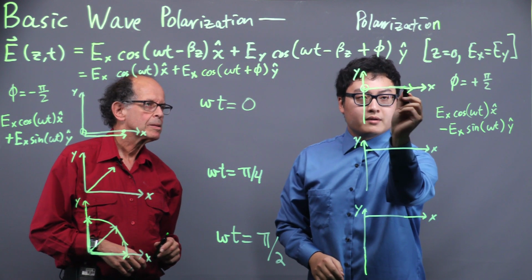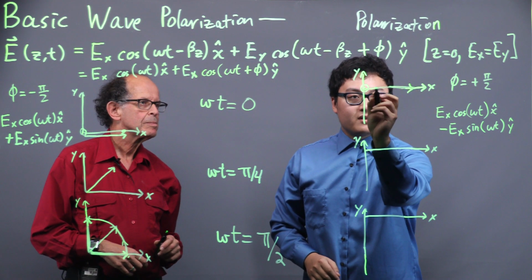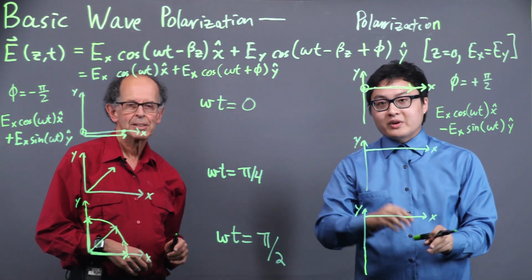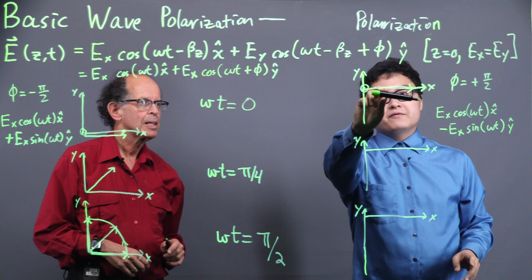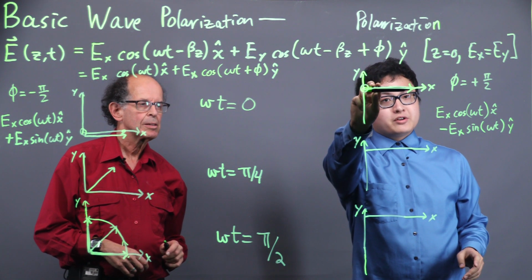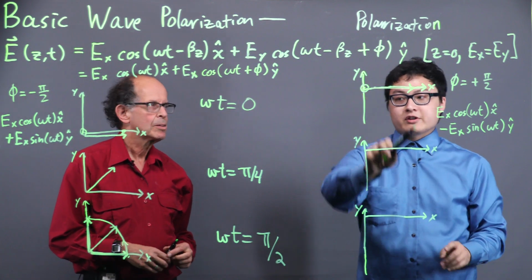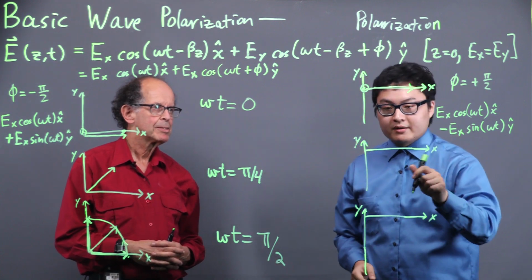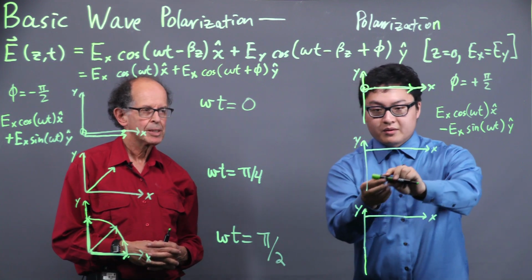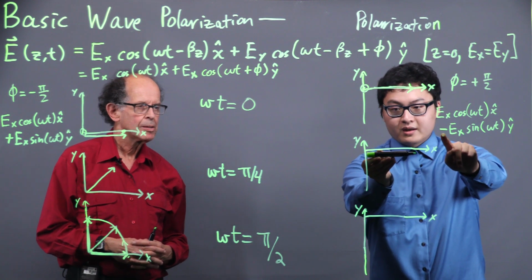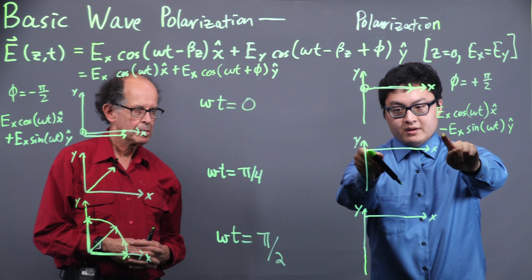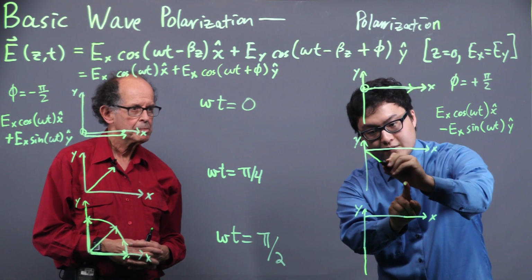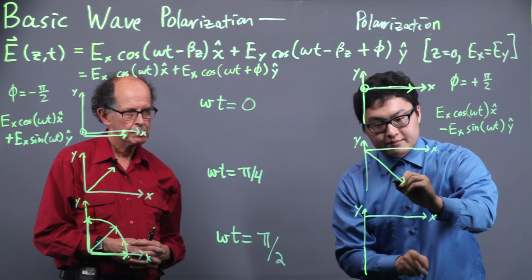Well, in the beginning, the E field is still in purely this x direction. At 45 degrees, just like that, but in the different y direction, you have the E field pointing in roughly that direction, 45 degrees down.